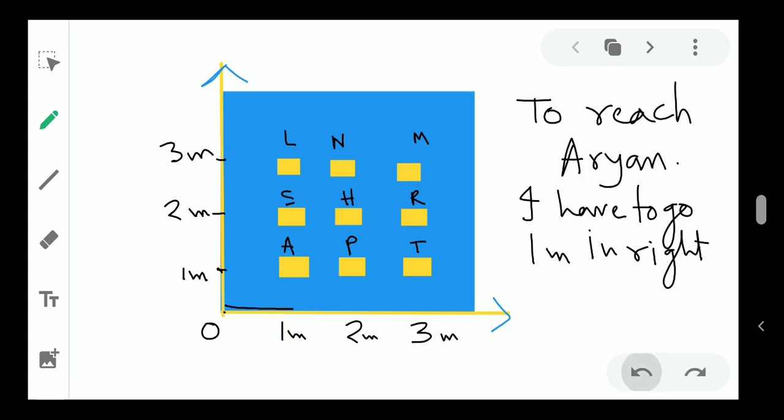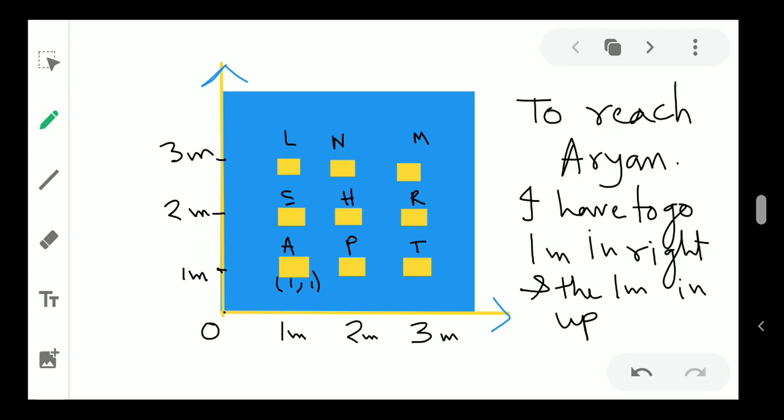So I can write here that I have to go 1 meter right, and then 1 meter up. So if I go right and up, then I will reach Aryan. So I can say the position for Aryan is 1, 1.